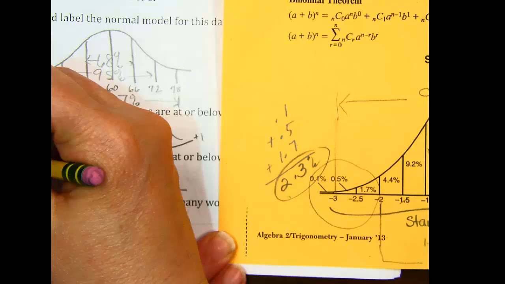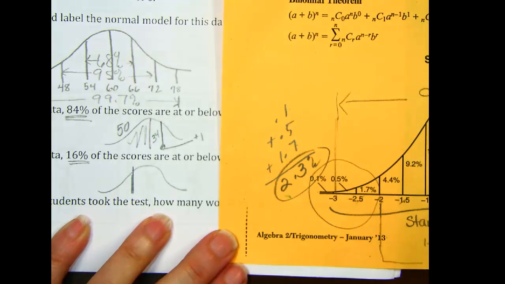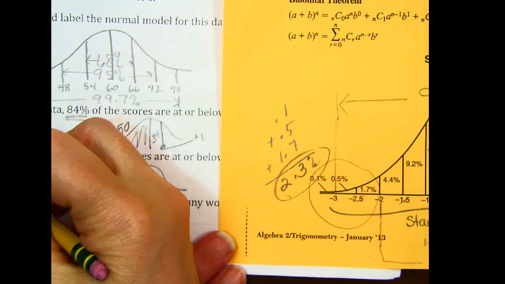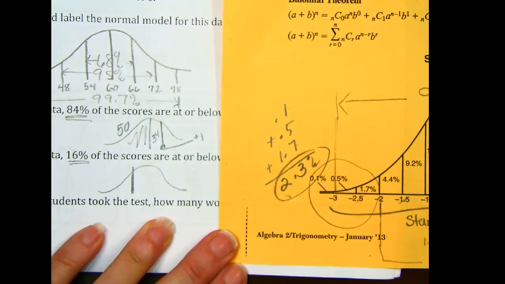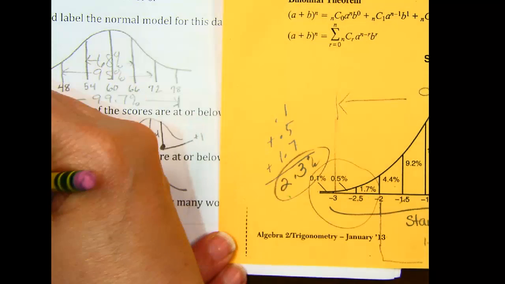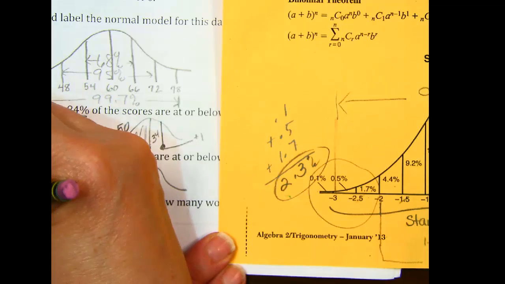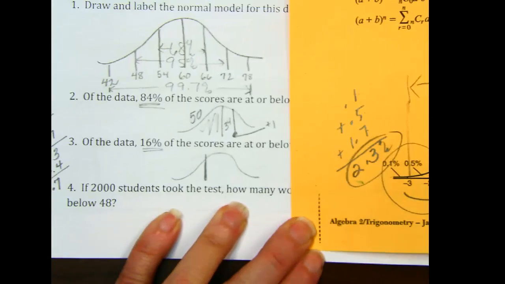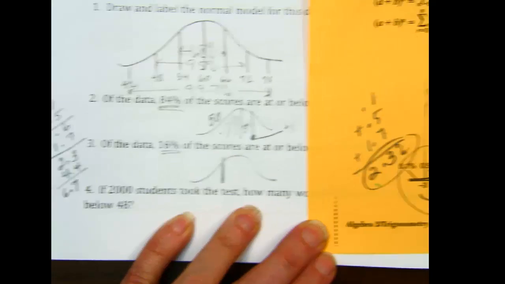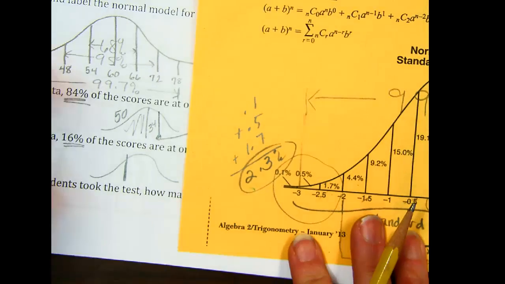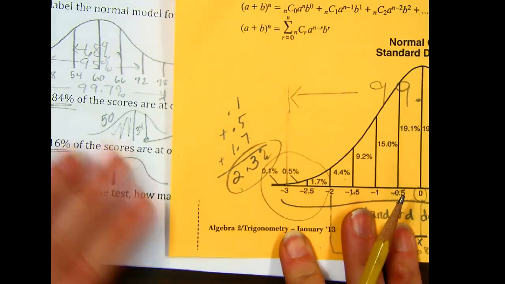I can now add to that 4.4, and I'm not quite at 16 yet, so then I add to that 9.2, straight off of my reference sheet.